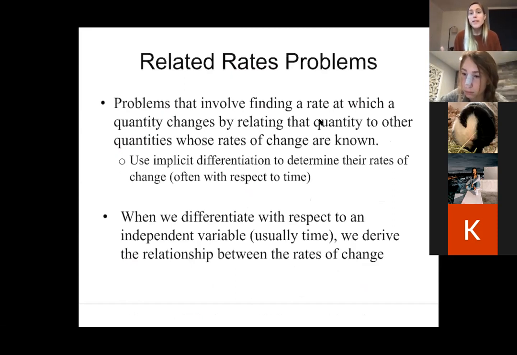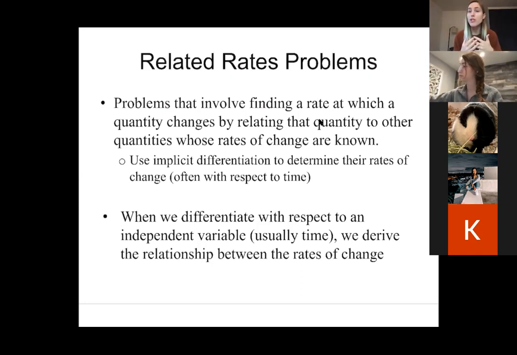And those are problems that involve finding a rate at which a quantity changes by relating that quantity to other quantities whose rates of change are known. That might sound confusing. But basically, in these problems, you're given a situation where you're also given a rate at which a quantity that's related to the situation is changing.